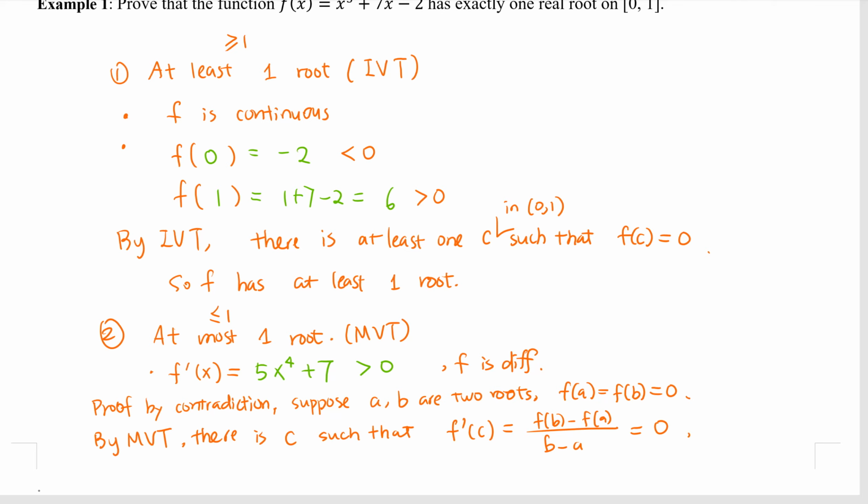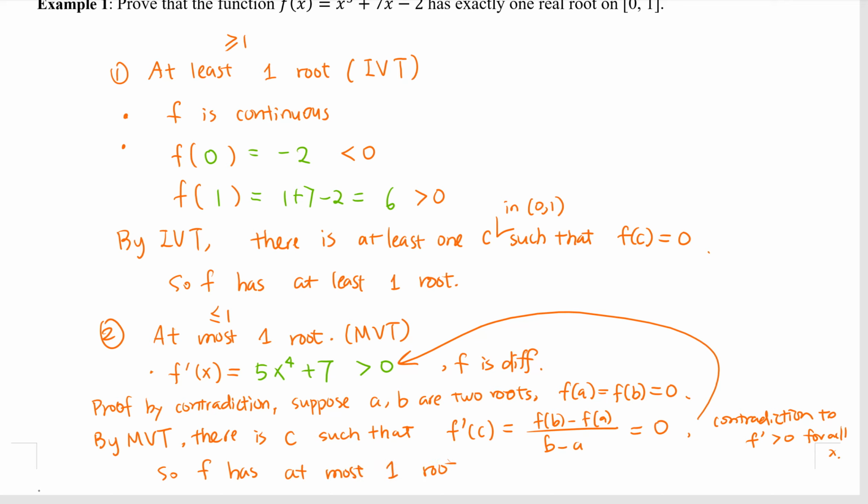This is a contradiction to f prime being positive for all x. Because we have a contradiction, whatever we assumed is false. So there cannot be two roots. Then there is at most one root. So f has at most one root.